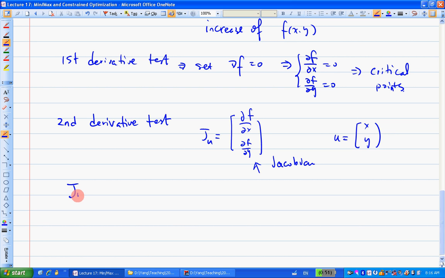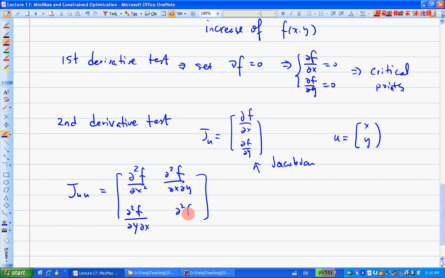Then when you do the second derivative test, you're taking another derivative of this Jacobian, and you end up with the so-called Hessian matrix. And the Hessian matrix is this: d square f over dx squared, d square f over dx dy, d square f over dy dx, and d square f over dy squared.